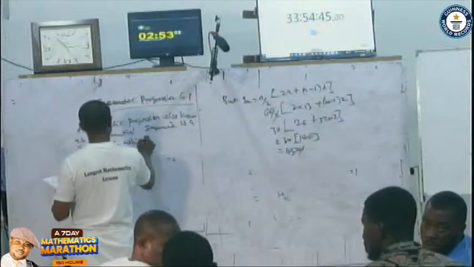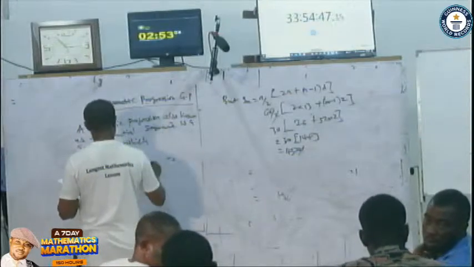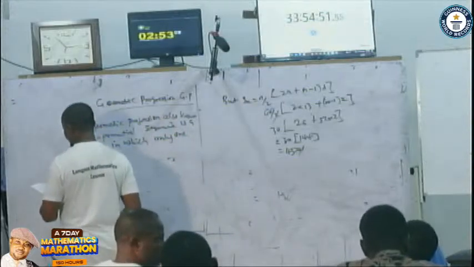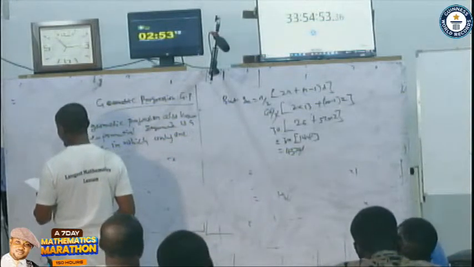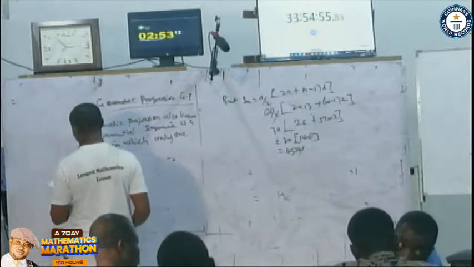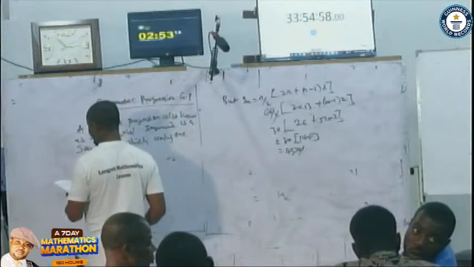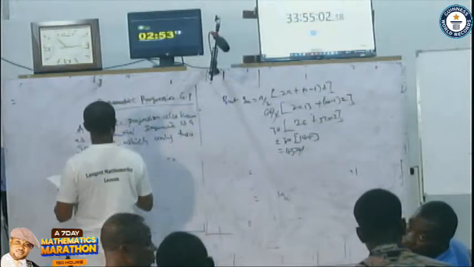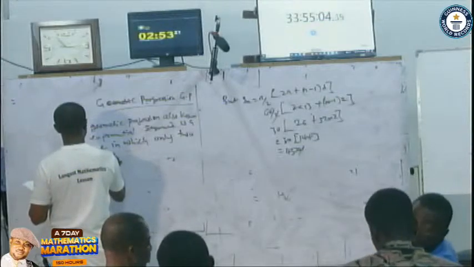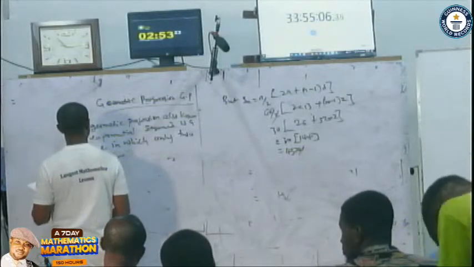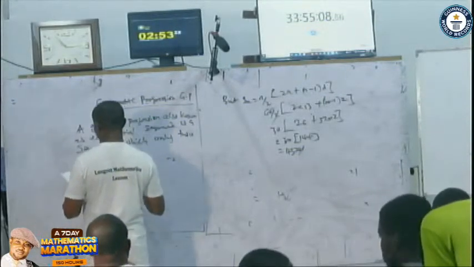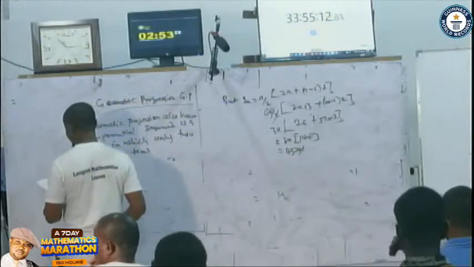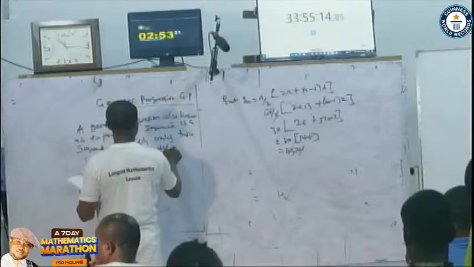This is a sequence in which any two consecutive terms differ by a constant ratio.